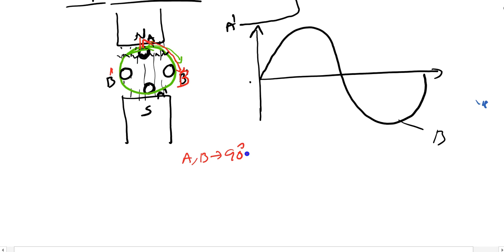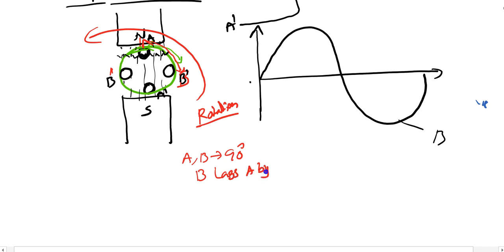And if my conductors are rotating in the anti-clockwise direction, then I can say my B lags A by 90 degrees. Yes, because my conductors are rotating in this direction, my A is ahead of B by 90 degrees, or A leads B by 90 degrees, or B lags A by 90 degrees.